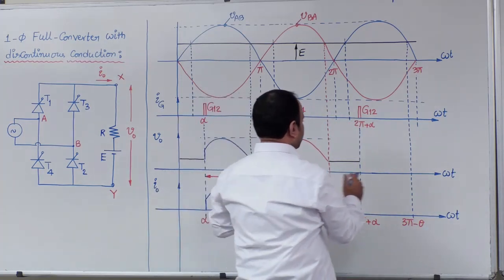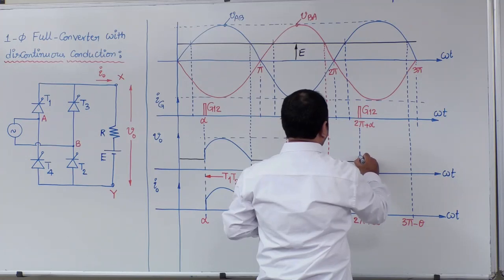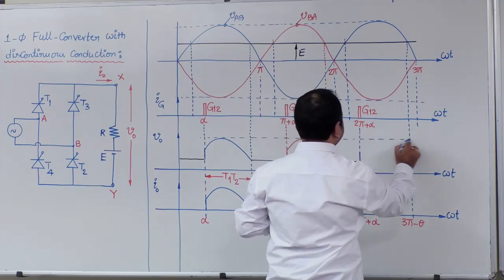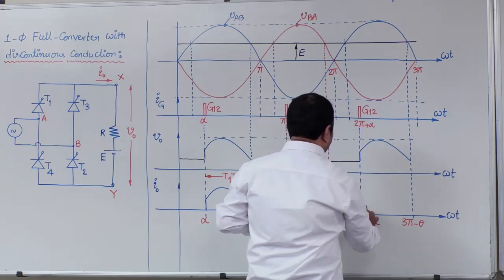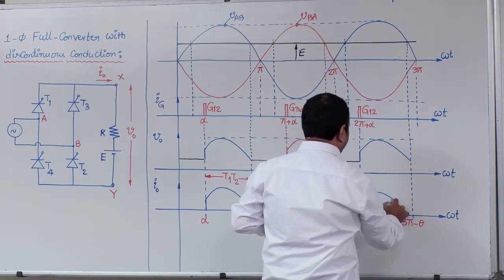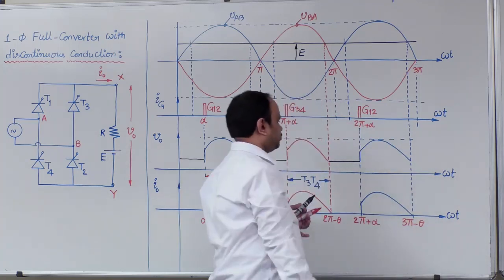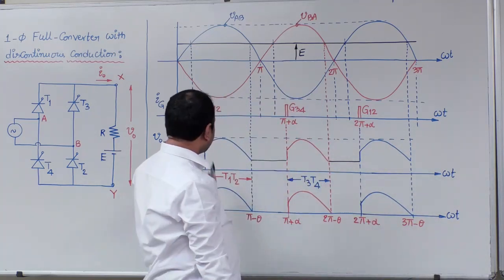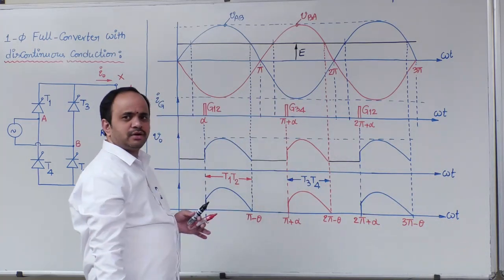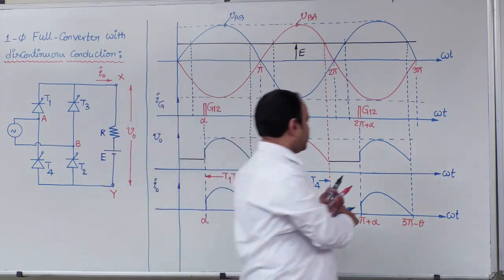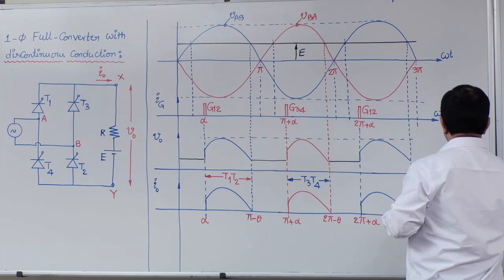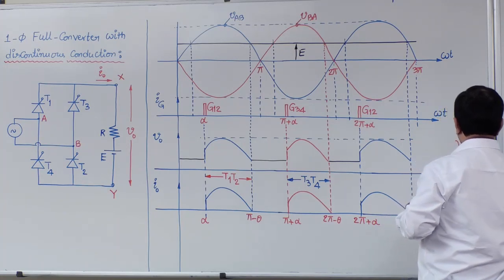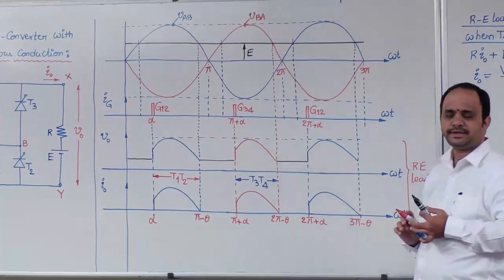In this interval, output voltage will be same as VAB, blue color sinusoidal, and output current will be same as that of output voltage. Okay, this is how V naught and I naught waveforms will be for RE load. Okay, this is for RE load, right?